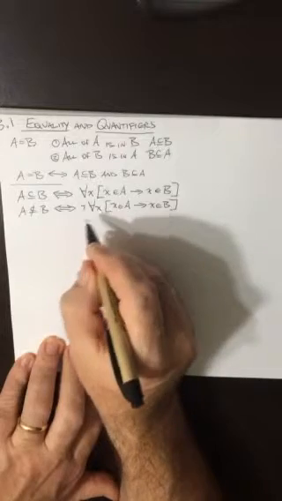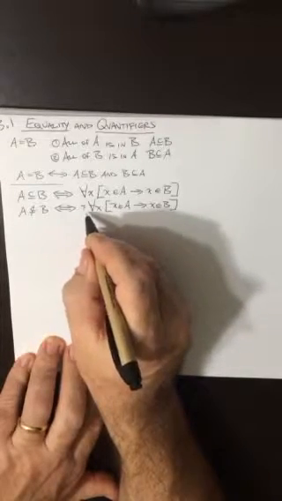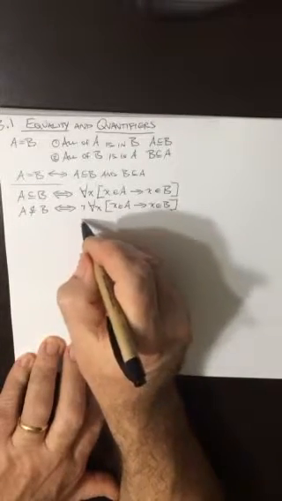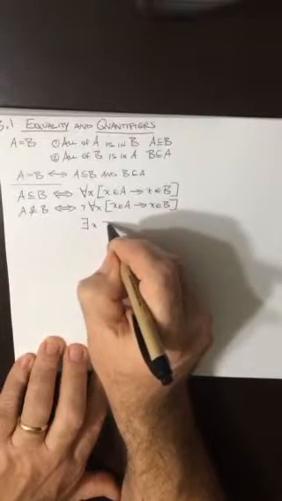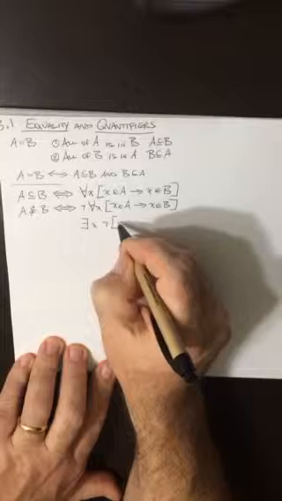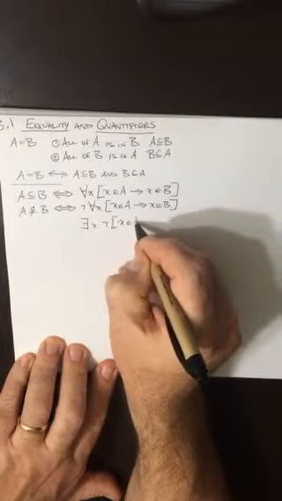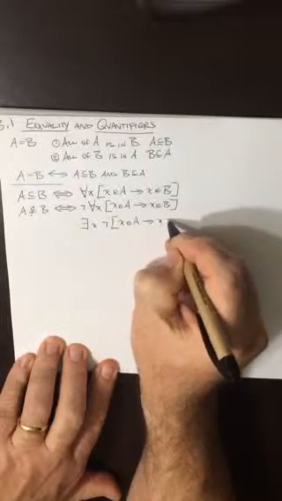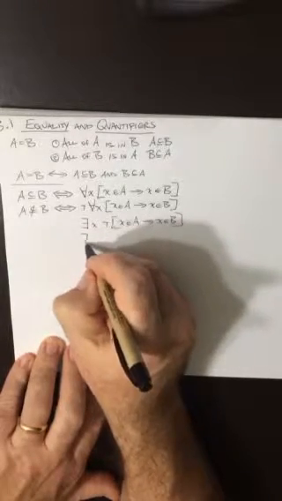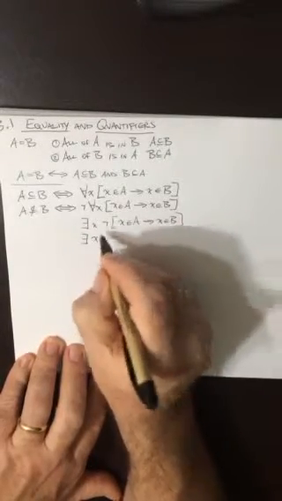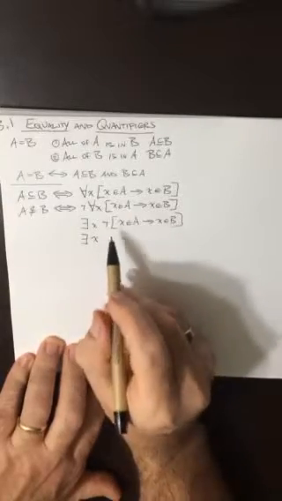So we take this negate through, and you know that this now becomes there exists an x where it's not the case that if x is an element of A, then x is an element of B. And now we need to work that negate through this, but we've done this before.